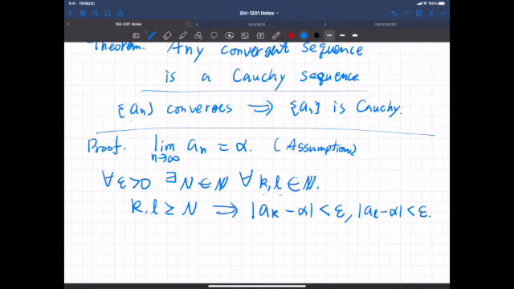Okay, so this is a little bit of improvisation of the definition of convergent sequence. But k and l are just symbols, so they can be anything like m and n and so on. But anyway, what we want to show is that this sequence is actually a Cauchy sequence.